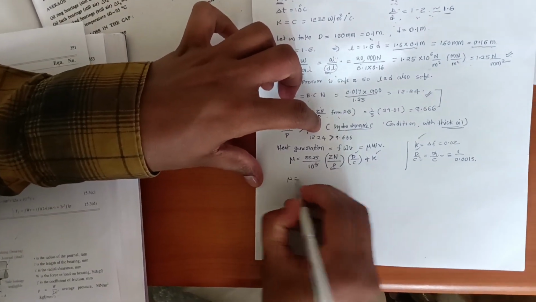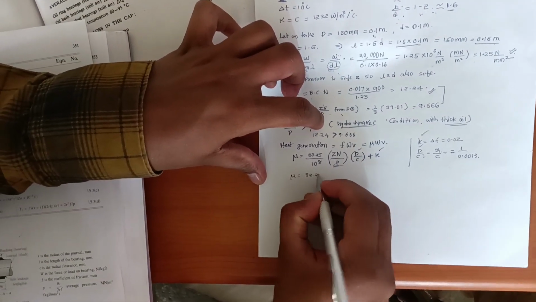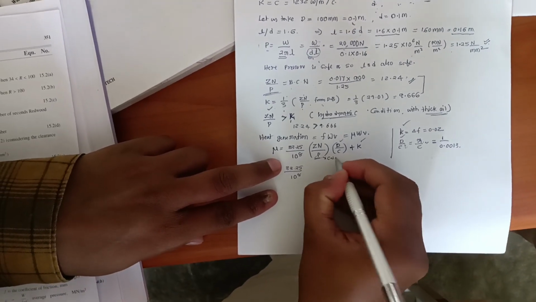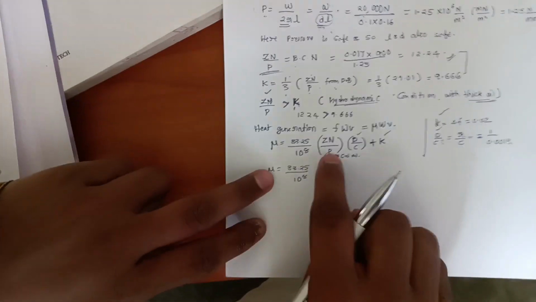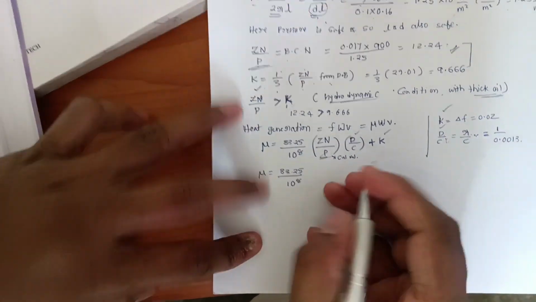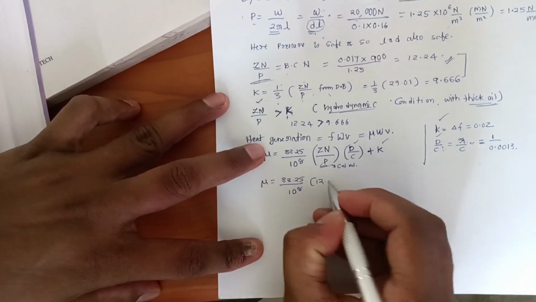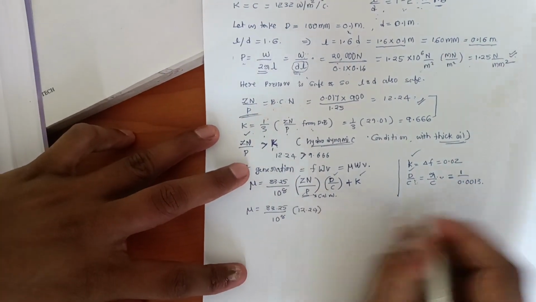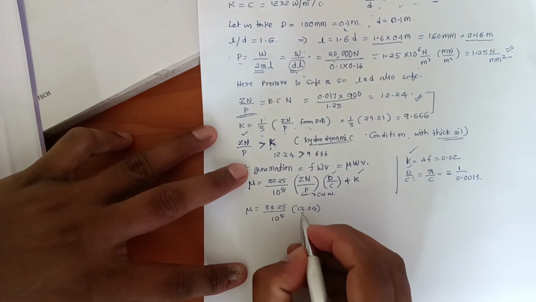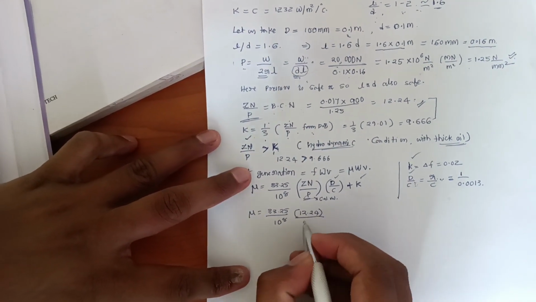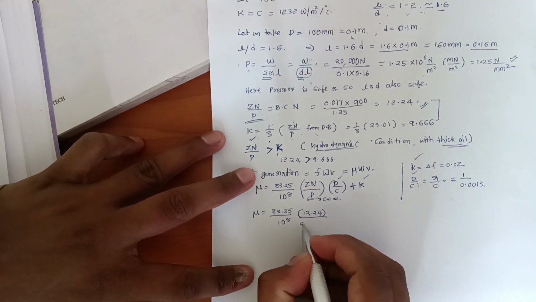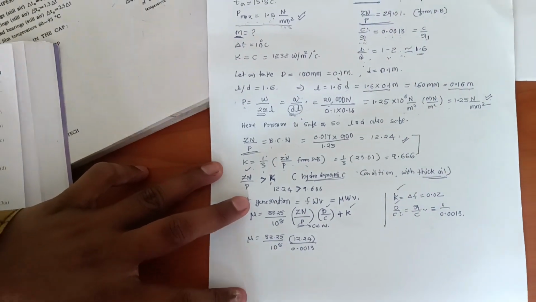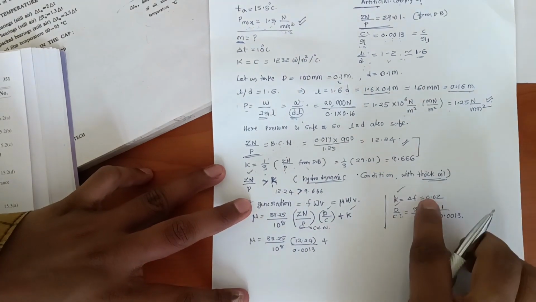So mu is equal to 33.25 by the calculated value. Don't forget this value should be the calculated value, that is 12.24, and d by C here is 1 by 0.0013, plus small k here 0.02.